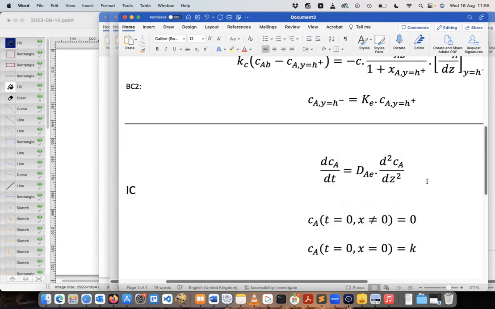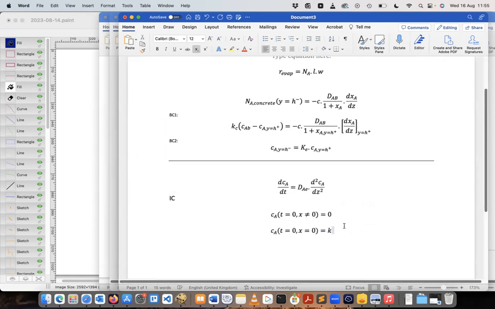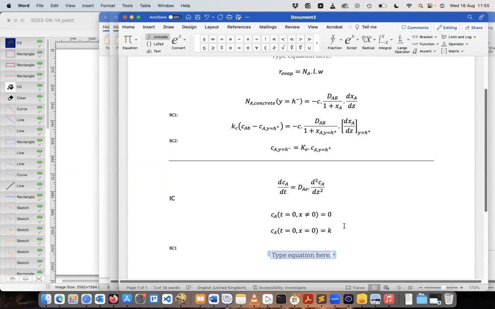And then we also need our boundaries. So BC1 will say simply that CA an infinite distance away, so x goes to infinity, equals 0.